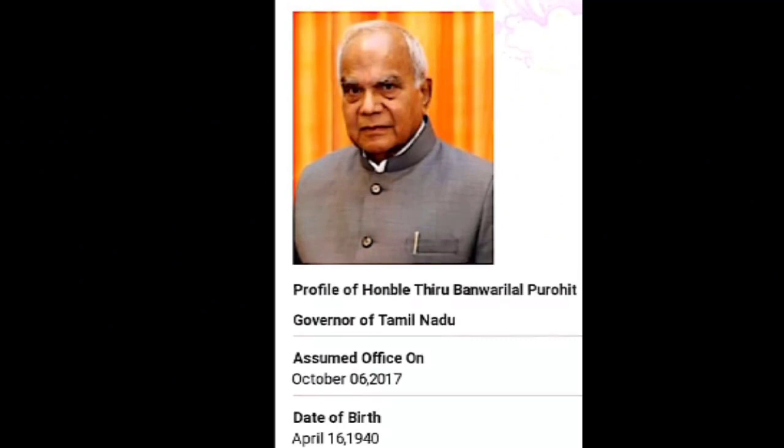You can check this photo, everyone knows it very well. This personality is our Governor of Tamil Nadu. At present, the Governor of Tamil Nadu is Thiru Banwarilal Purohit. When did he assume office? On October 6, 2017, he assumed office.